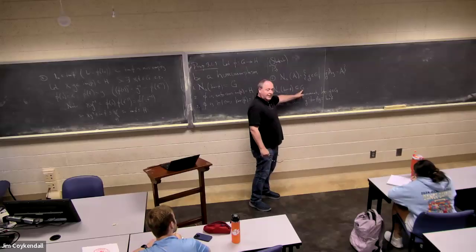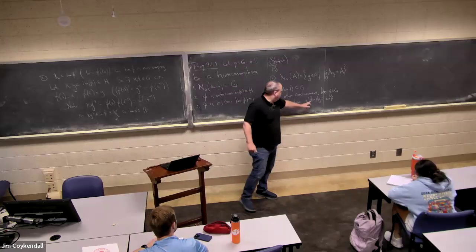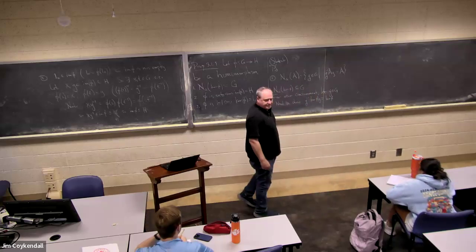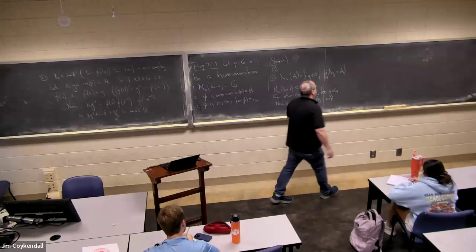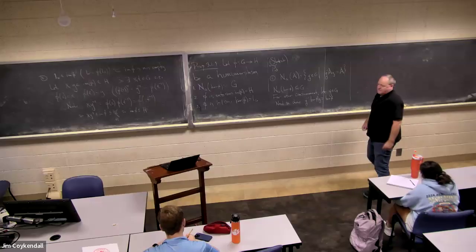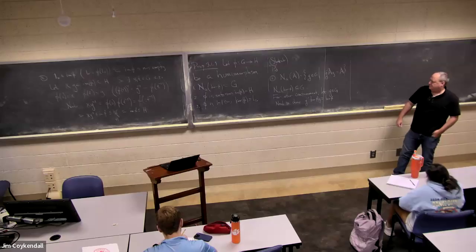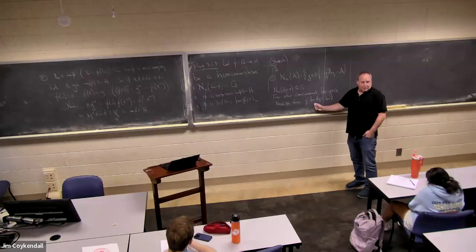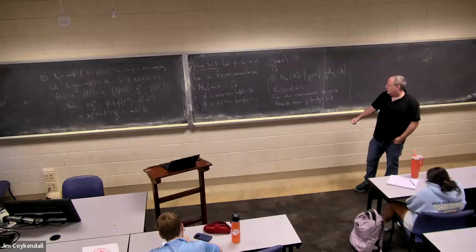So you need to show every element of G is in the normalizer of the kernel. Well, this is a set, really, because the kernel is a set and this is a set. So how do you show two sets are equal? You can show containment both ways.